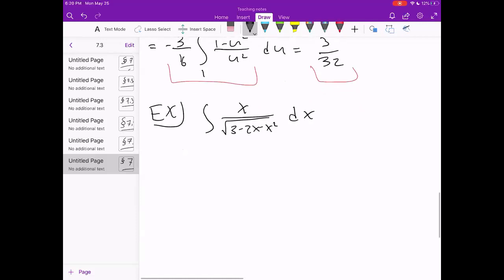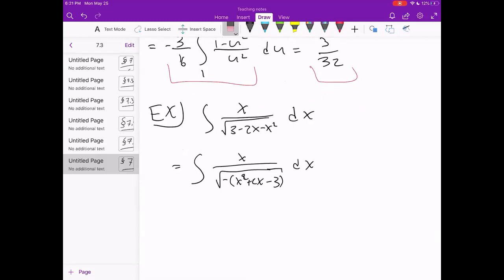If you look at this, again, this doesn't fit the pattern of the trig substitutions we've been doing. We're used to seeing x squared plus a squared, x squared minus a squared. So the first thing I'm going to do is factor that minus sign out here, just because I want that x squared to be up front and center. And then we'll talk about what to do here.